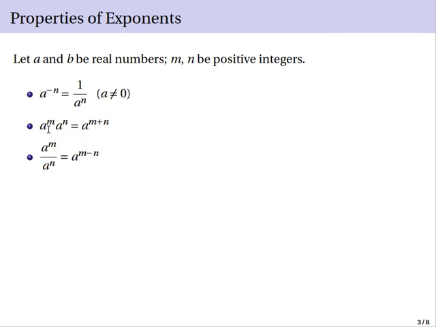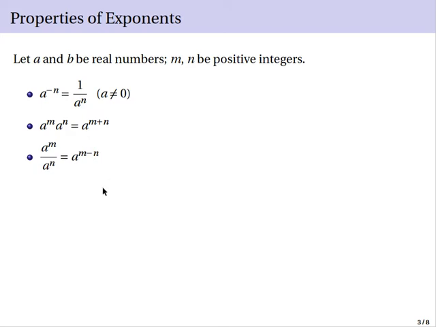And using this property here, what we are doing in this quotient here is actually multiplying a to the m times a to the minus n. Okay? So applying this property, we actually get a raised to power m minus n.